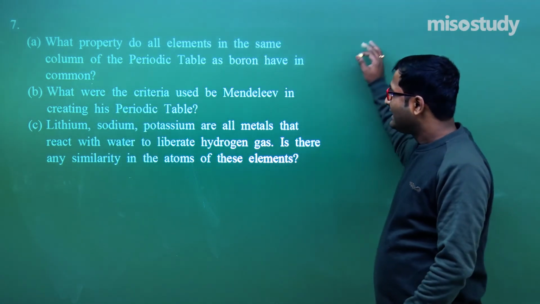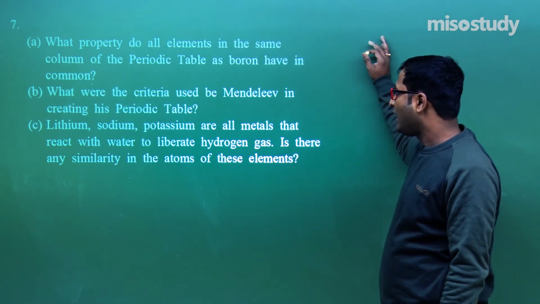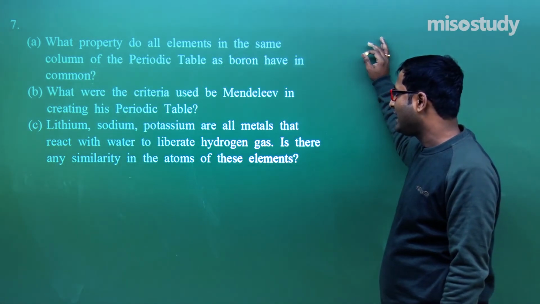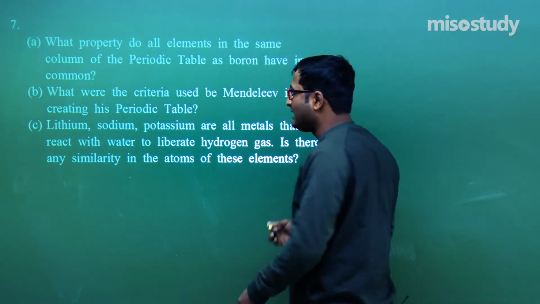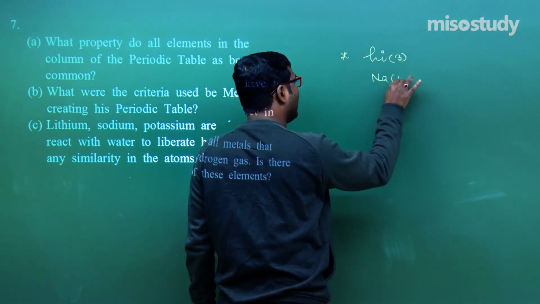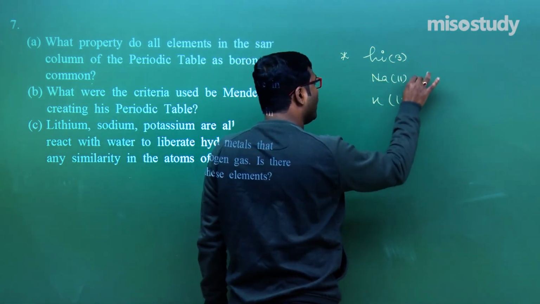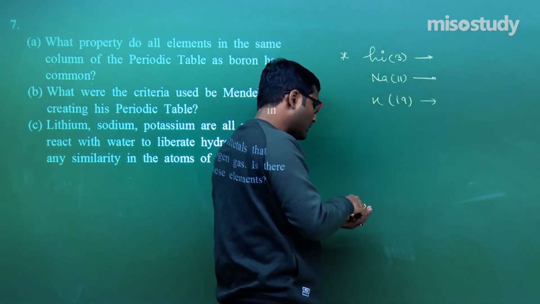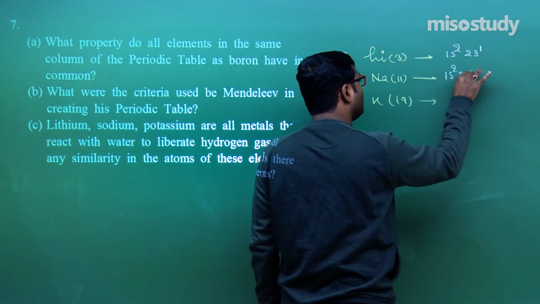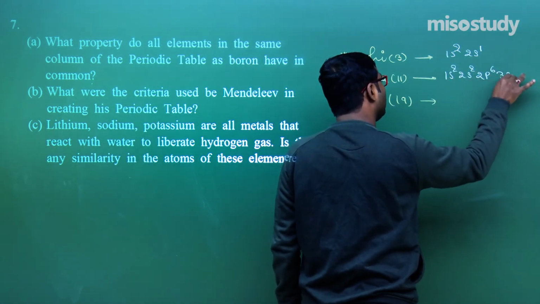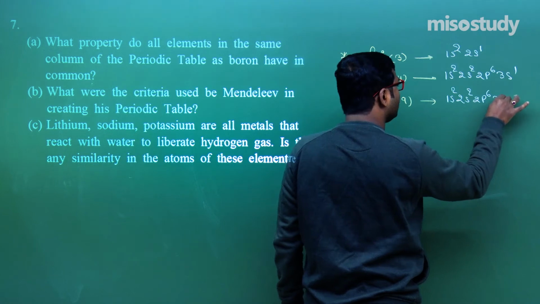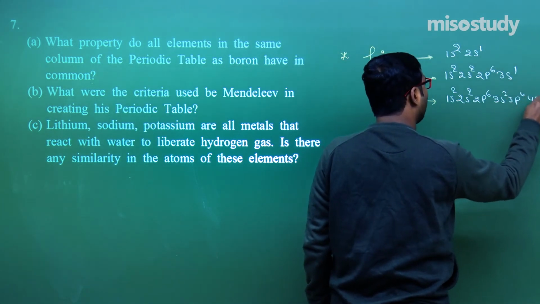Clear? Now the next one: lithium, sodium, potassium are all metals that react with water to liberate hydrogen gas. Is there any similarity in their atoms? Yes, there is. Lithium 3, sodium 11 and potassium 19 all have similar outermost electronic configuration: 1s2 2s1, then 1s2 2s2 2p6 3s1, and 1s2 2s2 2p6 3s2 3p6 4s1.